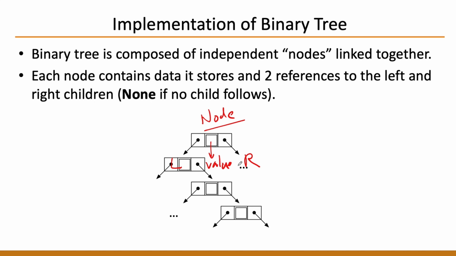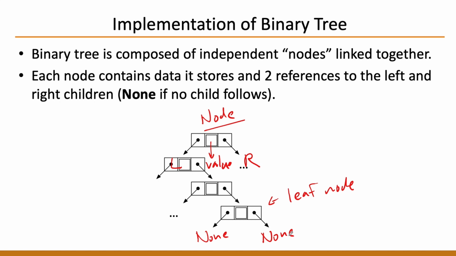Of course, if your child nodes reach the end, for example, let's say this is a leaf node, then the left-hand side and the right-hand side simply point to None. That indicates that you have reached the termination point. You do not have further nodes to be stored anymore.